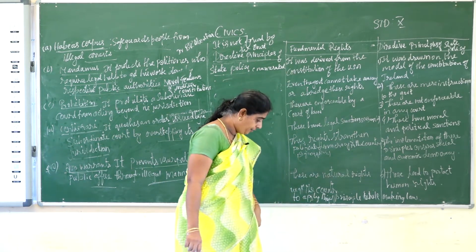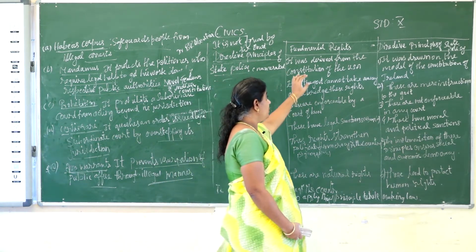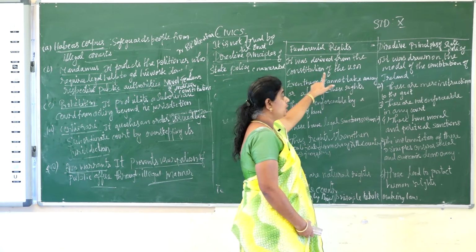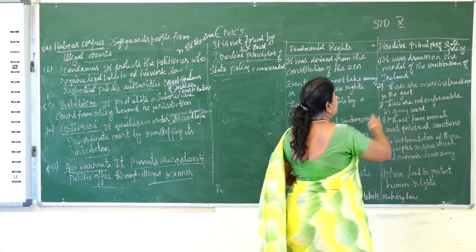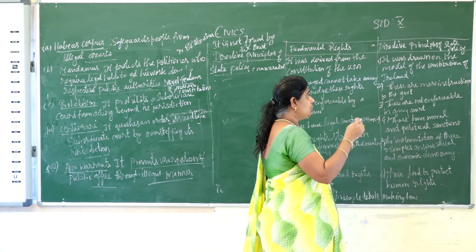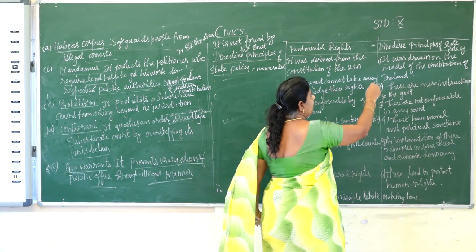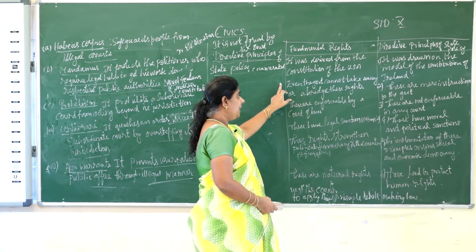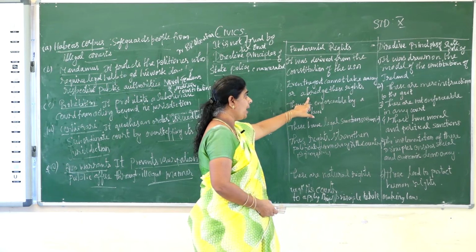Fundamental rights were derived from the Constitution of the USA. Where did we get this from? We got the idea from the Constitution of the USA, and the directive principles were drawn on the model of the Constitution of Ireland. The second point is, the government cannot take away or abridge these rights.